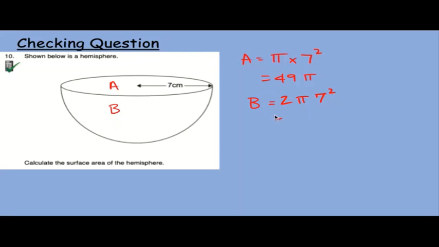So we have got, my mind's gone blank all of a sudden, 98 pi. So just do that in my calculator now. My total is going to be 49 pi plus 98 pi.